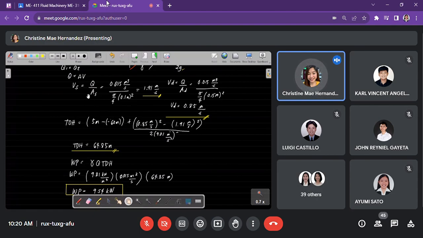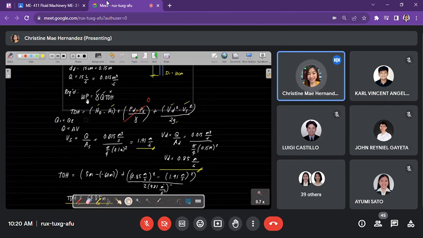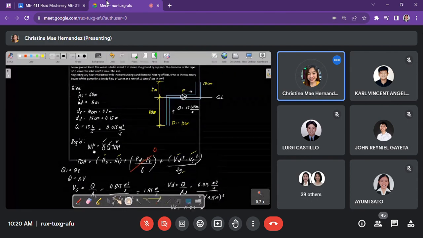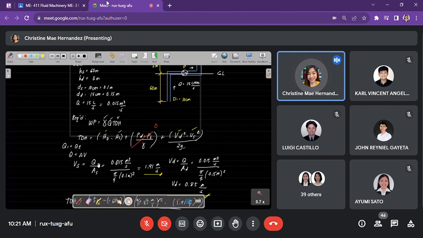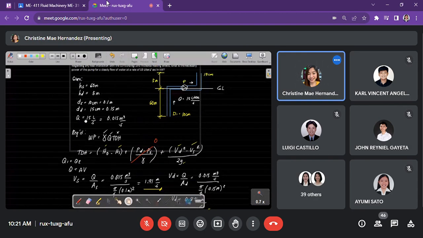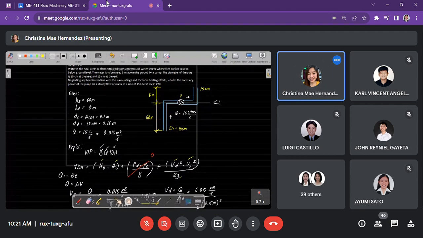So, laging gagamitin dito sa pumps is itong water power and TDH. Yun yung lagi kong napapansin sa mga problems. Laging water power, total dynamic head, and area times velocity or continuity equation. Huwag niyong kakalimutan pag nawawala yung velocity. Kung wala namang sinabing diameter, ang given naman is pressure.